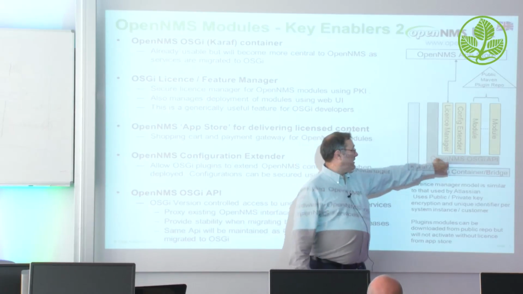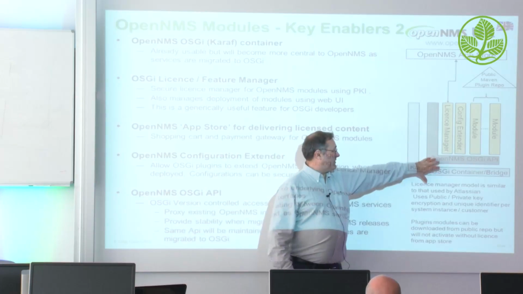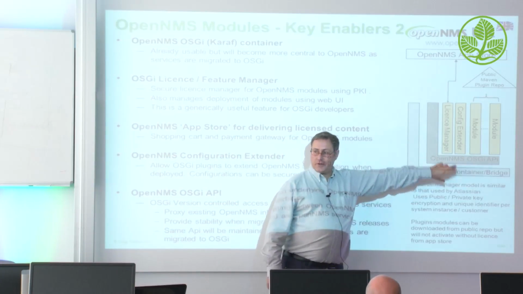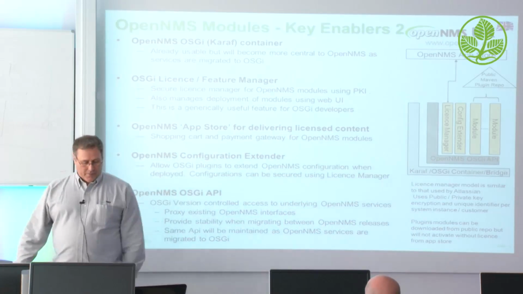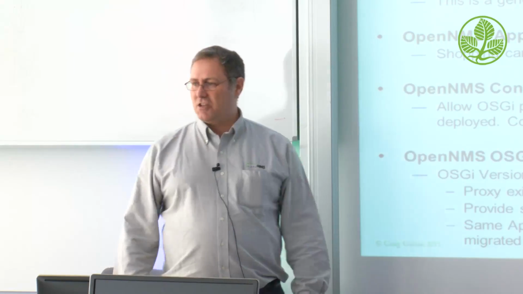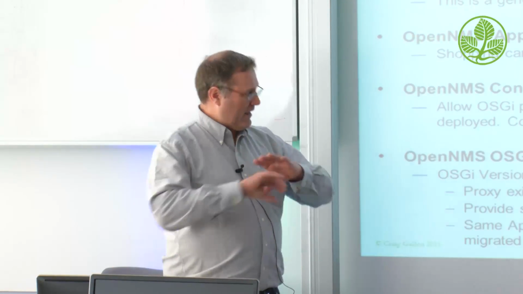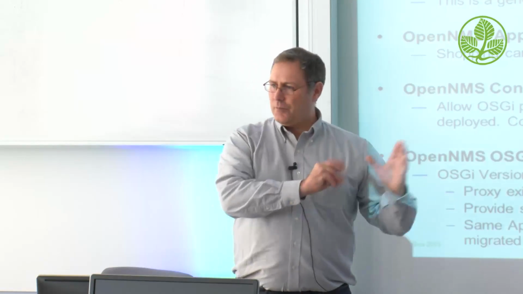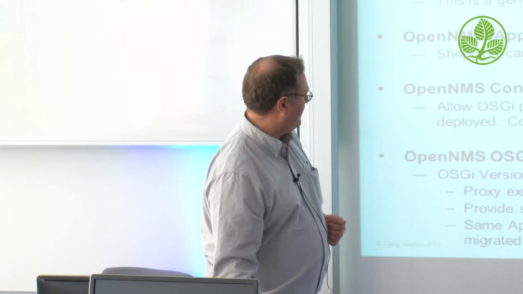So you can say I'm working against the OSGi API version 1.1, and you'll know that your modules will continue to work even though OpenNMS has moved on, because that API is stable. We don't have that. That's the sad truth. But again, it's recognized as an issue that we need to move to. For somebody developing modules, that makes it a bit more difficult to keep things aligned with OpenNMS as it moves, but it's not a blocker.